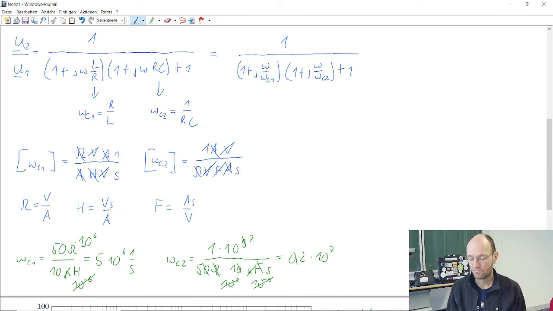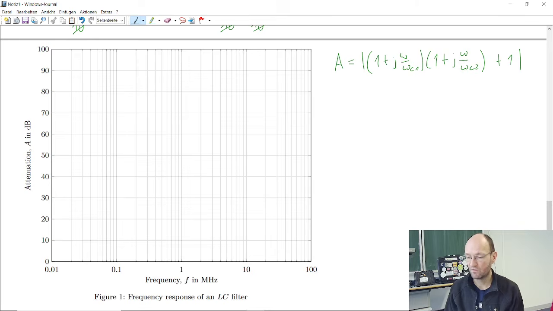And so this is the same as 2 times 10 to the power of 6, and here the 1/s is missing. So we have 5 and 2 times 10 to the power of 6 as these two corner frequencies. And they are quite close together. Okay, so now going back to our diagram here.